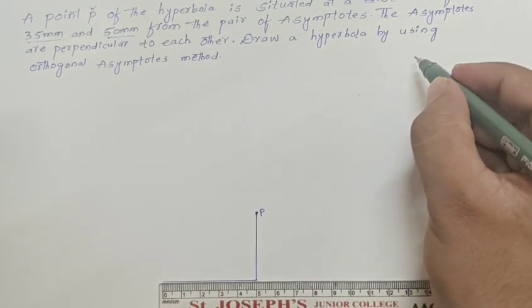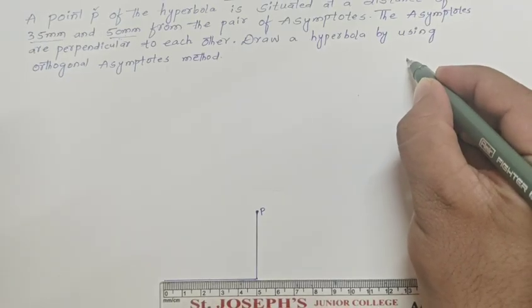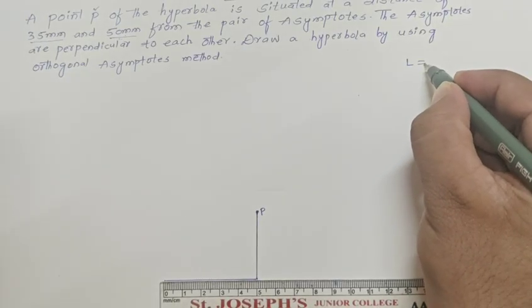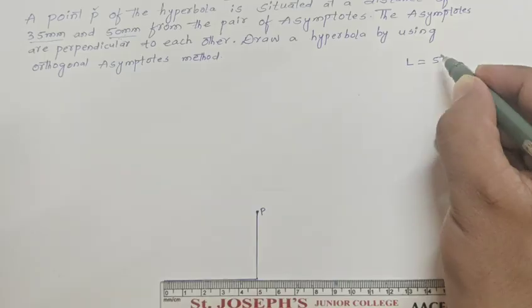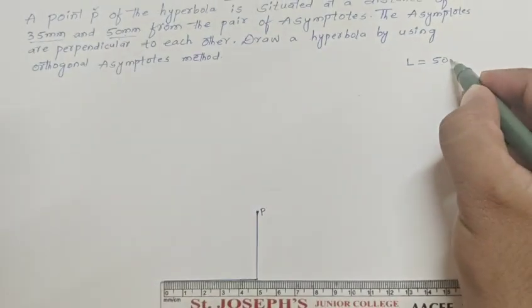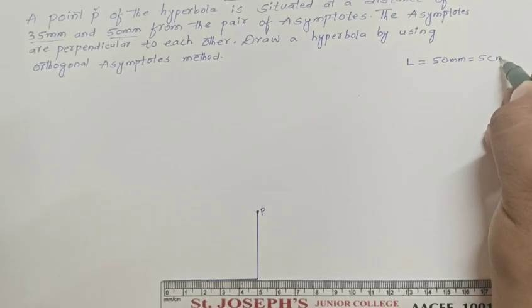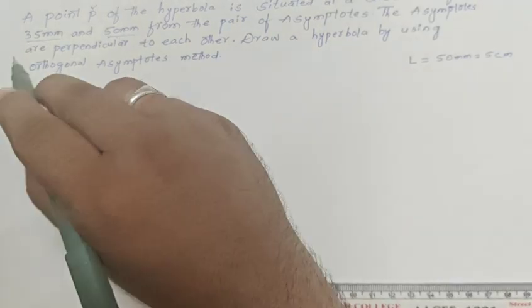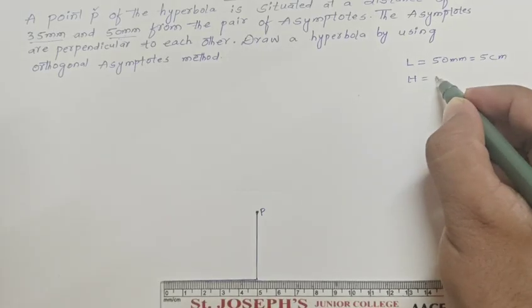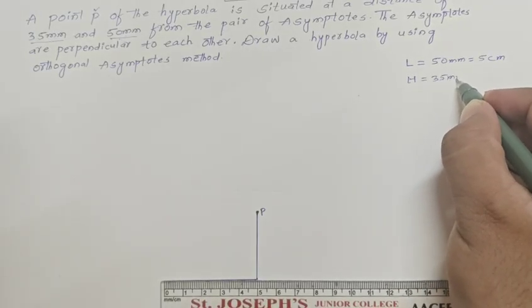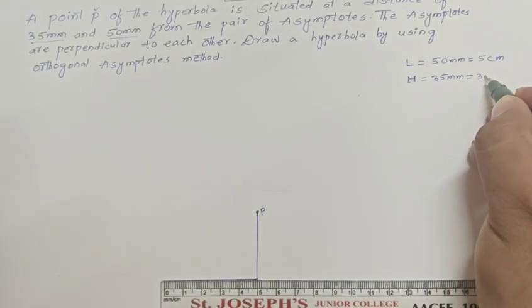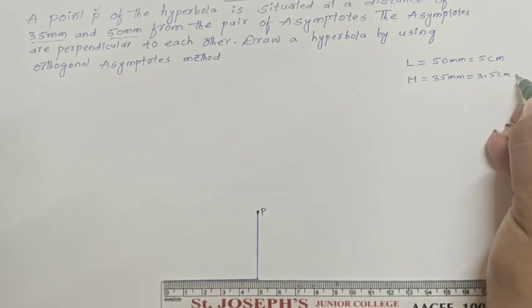Let us see. The length given is 50 millimeter, which is nothing but 5 centimeter, and we need to measure that. And this height, how much do we have to measure? 35 mm, nothing but 3.5 centimeter.